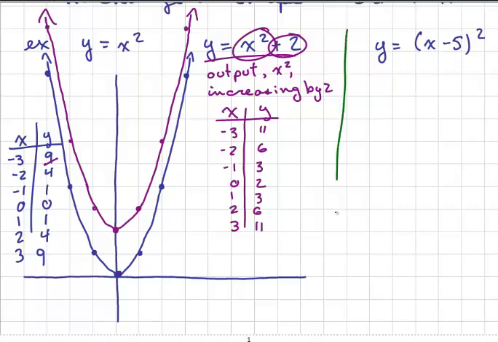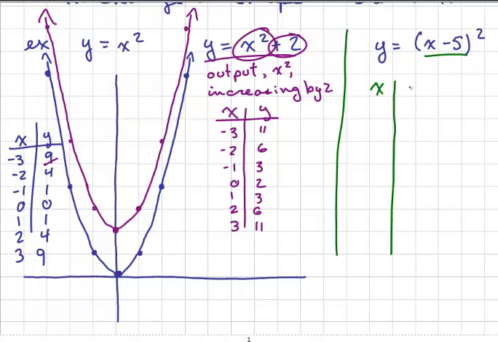Now, let's take a look at this guy. Y equals x minus 5 all squared. Now, in this case, it's the input that changes. We're affecting the x value. For the output to stay the same, x must be increased by 5 to compensate for this minus 5. So if I do a table of values, I'll make it a little different this time.